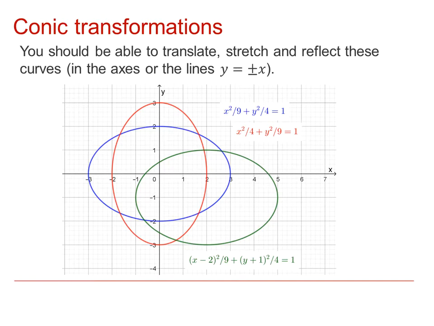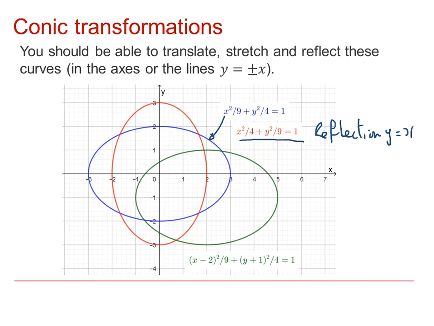You should also be able to perform some transformations of conic sections. So for example, here we've got the blue curve, which is the ellipse x squared over 9 plus y squared over 4 equals 1, which has been transformed in a couple of ways. Firstly, to the red one, where we've interchanged x and y, and this is a reflection in the line y equals x.